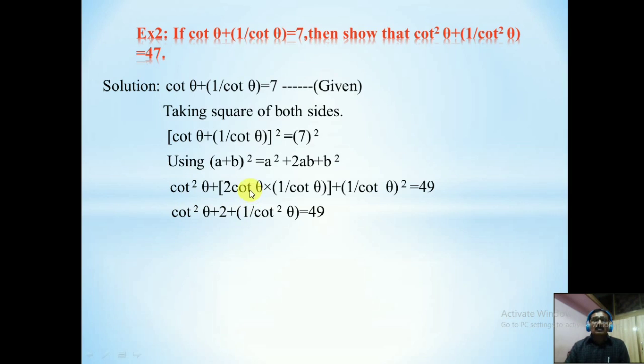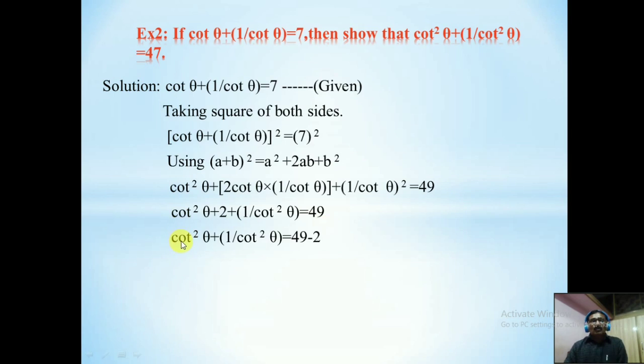Here, cot theta into 1 upon cot theta is equal to 1, and 2 into 1 is equal to 2, plus 1 upon cot square theta is equal to 49.